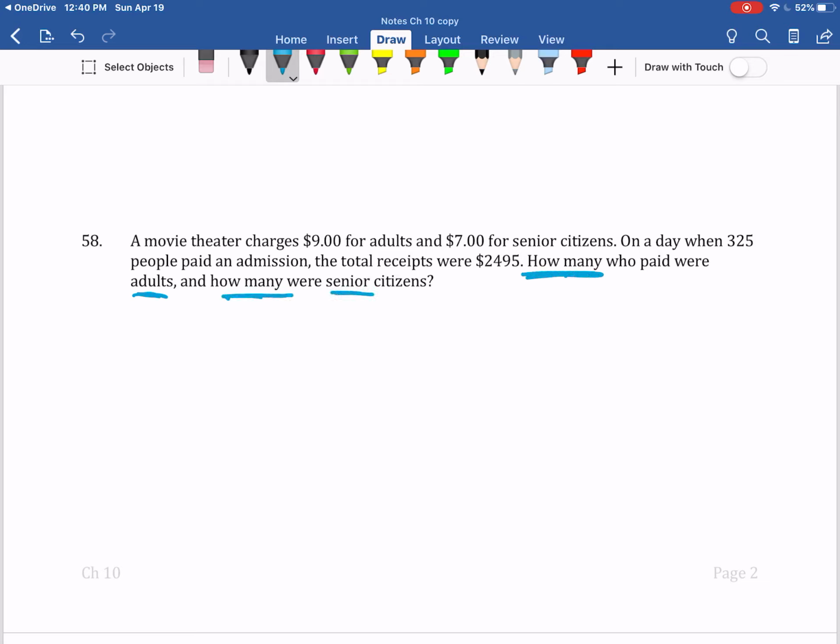And so that is going to help us figure out how to identify our variables, because we need an answer for this is the number of adult tickets and this is the number of senior citizen tickets. That helps you understand that one of your variables is the number of adult tickets and the other variable is the number of senior citizen tickets.